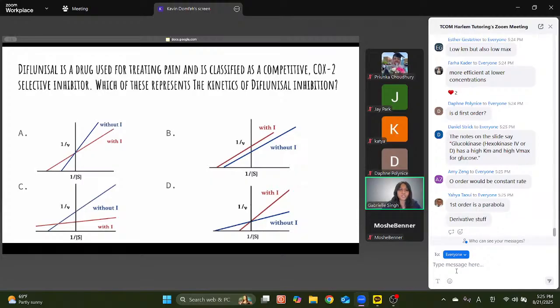Diflunisal is a drug used for treating pain and is classified as a competitive COX-2 selective inhibitor. Which of these represents the kinetics of diflunisal inhibition?